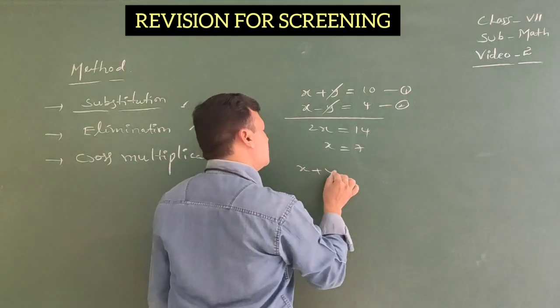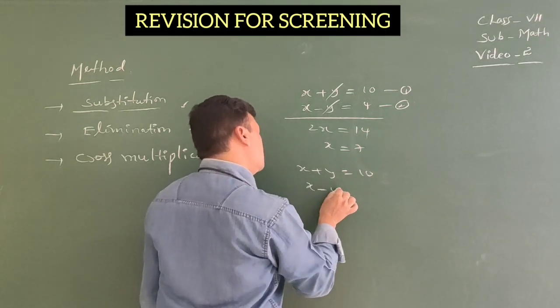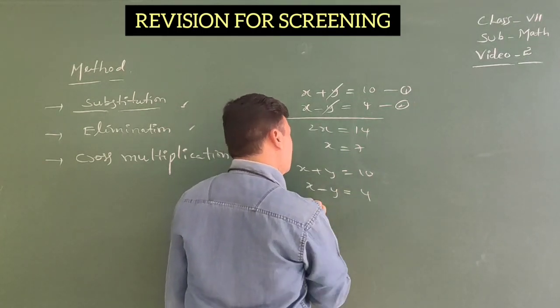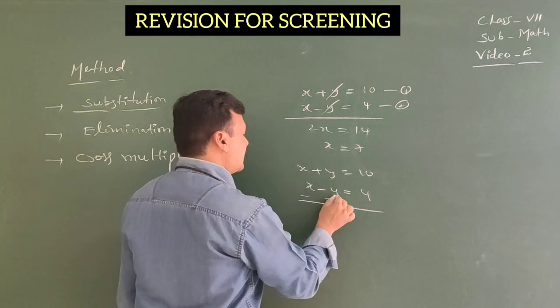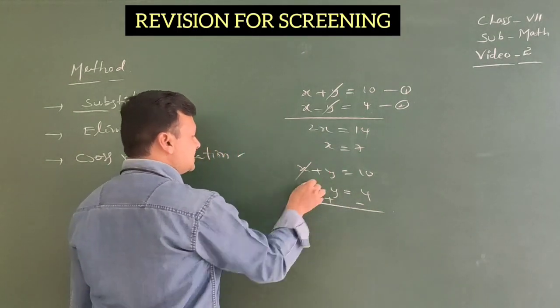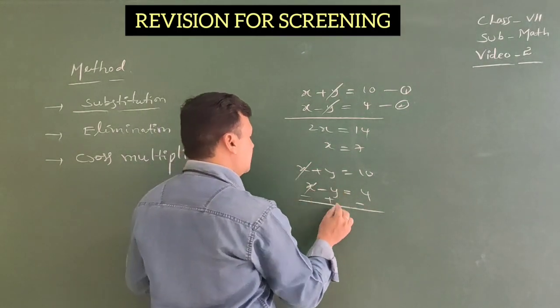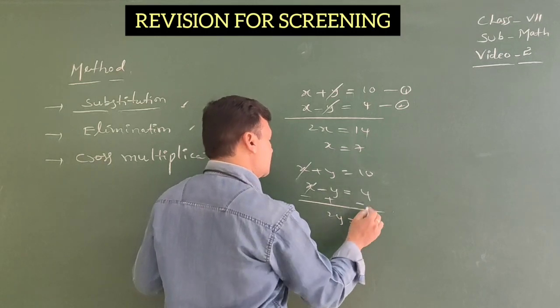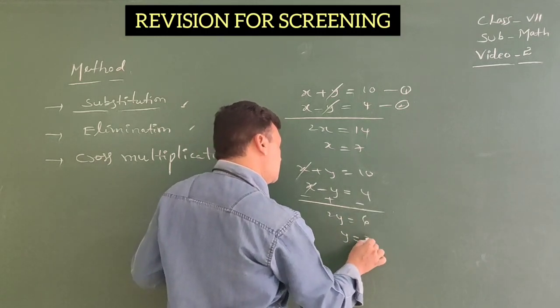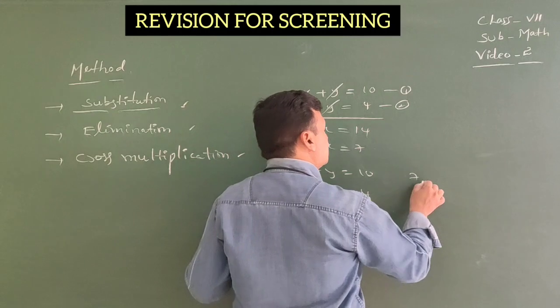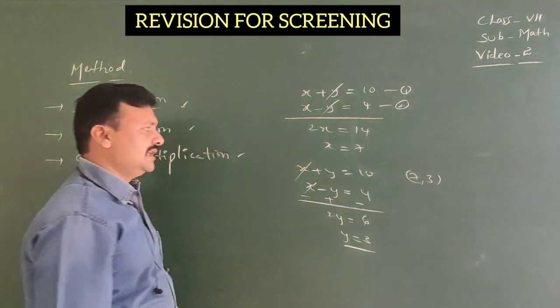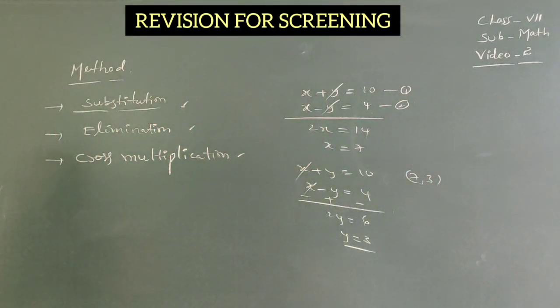Now if you subtract these two equations, x gets cancelled. y plus y, 2y equal to 10 minus 4, 6, y equal to 3. Here 7 comma 3 is the required solution. In this way, we can eliminate one of the variables.